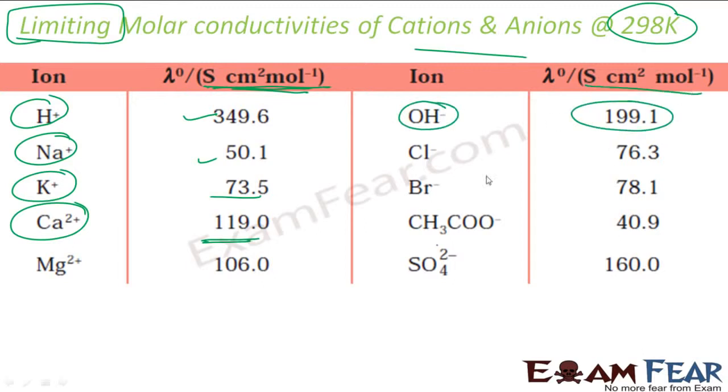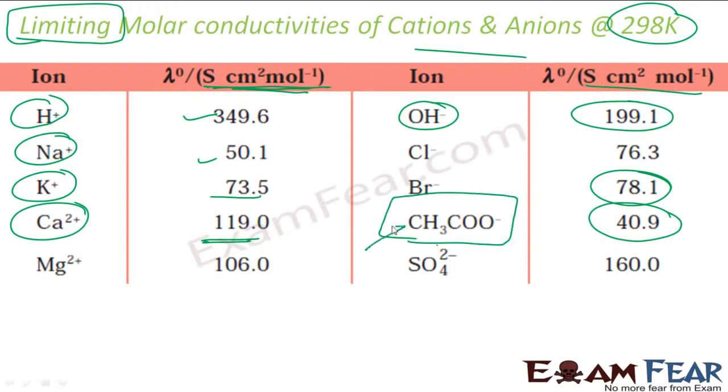Similarly for Br minus, I have this value. If you see, for CH3COO minus, we have this value. It depends on the size. CH3COO minus is big in size. Since this ion is bulky, the conductivity is less. H plus is very nimble, very small in size. So in this case, conductivity is almost maximum here. Correct? So it all depends on the size of the ion.